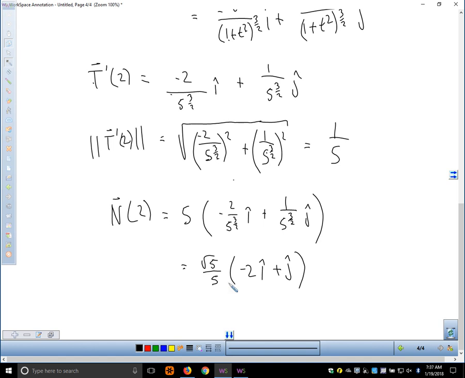Questions? So we can see that finding the principal unit normal vector can be algebraically difficult.